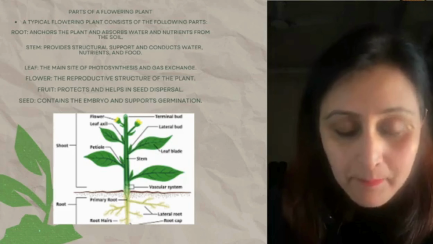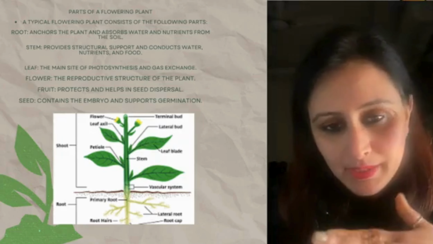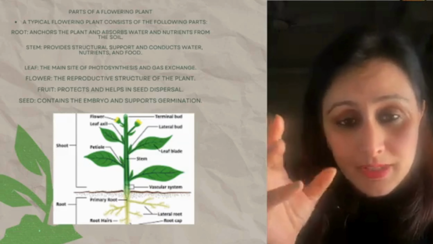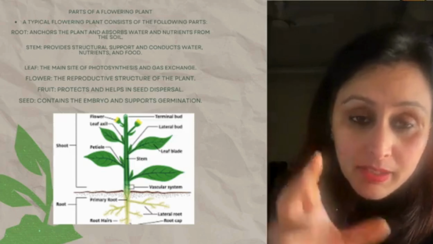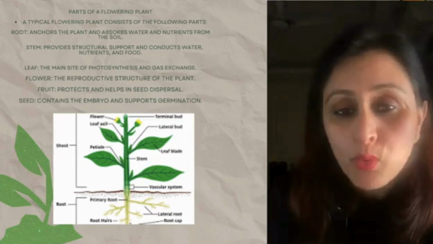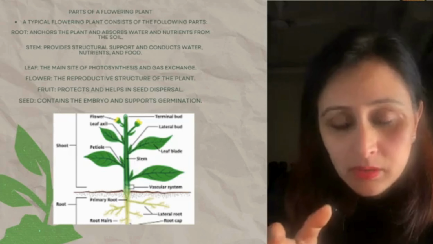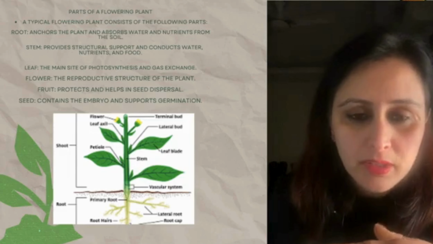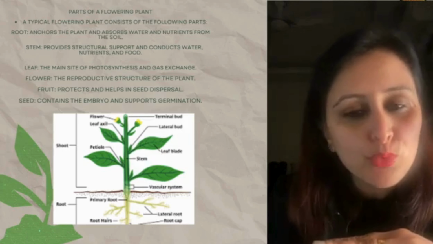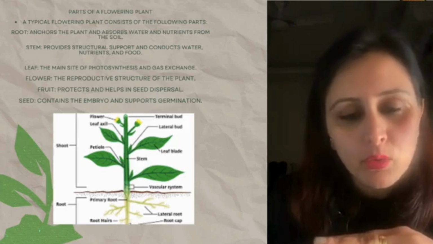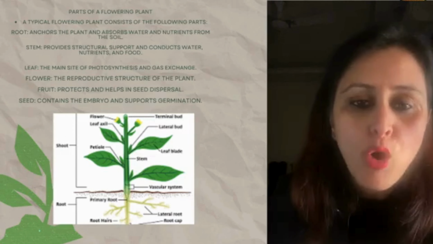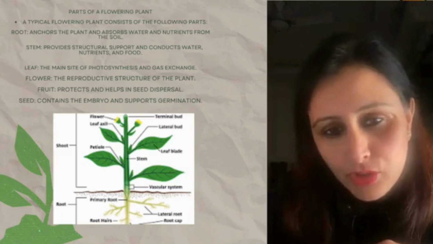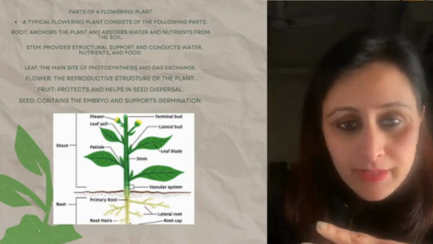Secondly, we come to the stem. Now root soil के नीचे से उसको support provide करता है, but what about the above, right? So something is required that is very sturdy and gives good support to the plant. So that is done by the stem. And also जो भी substance, whether we talk about the water or the minerals or the nutrients, whatever is being absorbed by the roots, it has to reach the higher end also, it has to reach the flowers and the leaves as well.